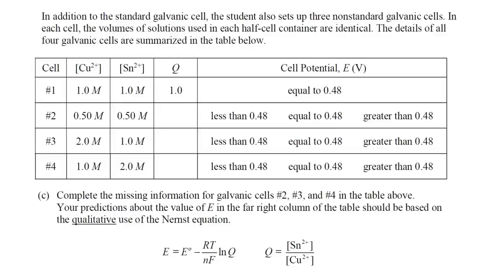If I'm doing the ratio of the concentration of tin, which is a product, divided by the concentration of copper, which is a reactant, it's going to be 0.5 divided by 0.5, so Q equals 1 for cell number 2. For cell number 3, it's going to be the ratio of the concentration of tin divided by the concentration of copper, and that's going to be 1 divided by 2.